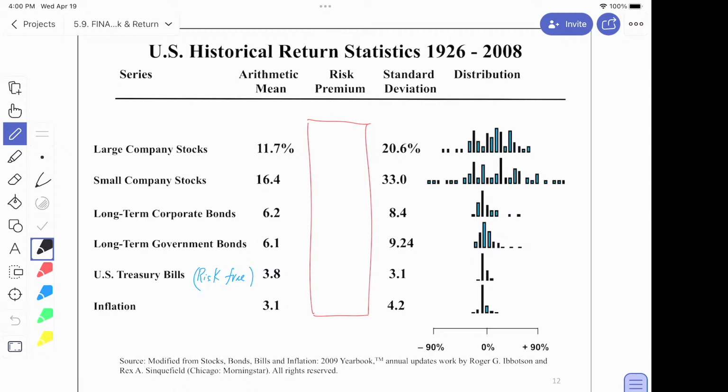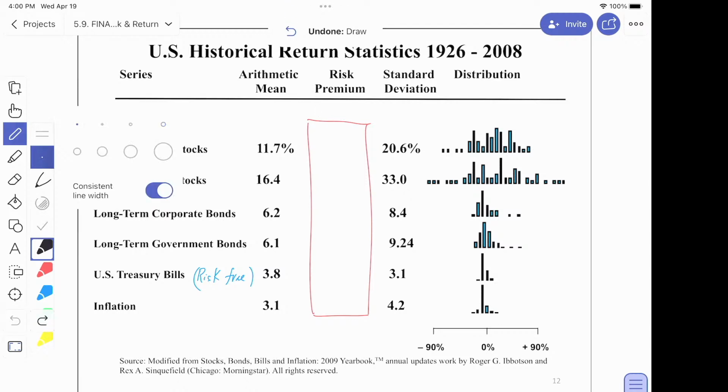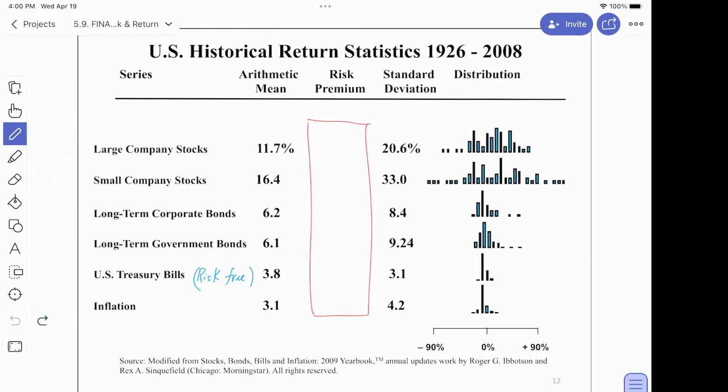So what I'm going to do to calculate the risk premium, as I did last class, and I'm going to use this notation: I want the arithmetic mean of the asset class.